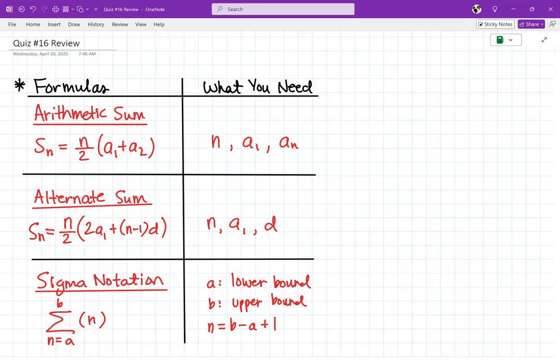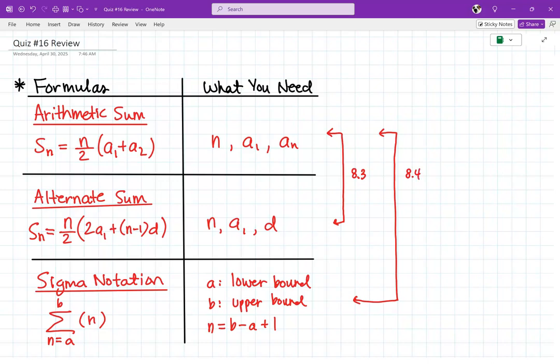The first two formulas pertain to section 8.3. And then the last formula, along with the first formula, pertains to section 8.4. Okay, so basically these two right here, this is 8.3. And then these two, this is 8.4.